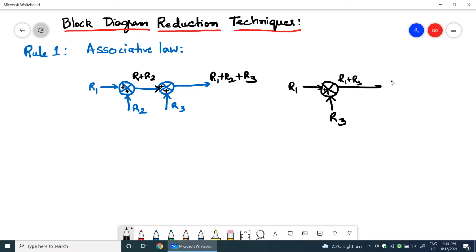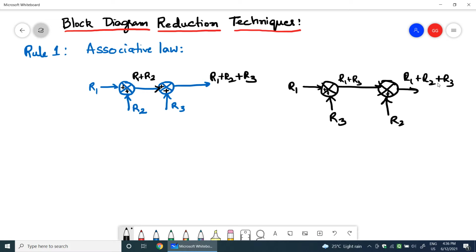Then I'll put another summing point here where the input would be R2. Now you see the output remains R1 plus R2 plus R3. So shifting the summing point will not vary the result of the second summing point output. We can shift the summing point in this way so that the final result still remains the same.